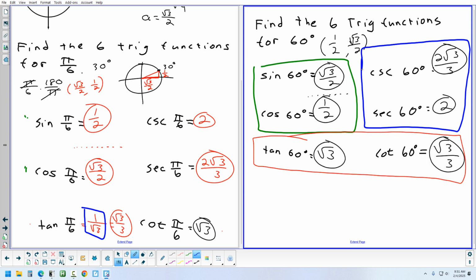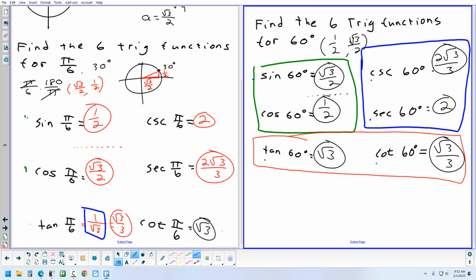If you pronounce the trig functions that switched, you'll notice a pattern. Sine, cosine, secant, cosecant, tangent, cotangent. So the ones that switched are the ones where you put a co in front of the name.